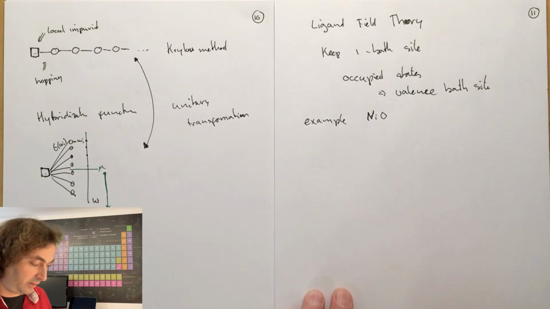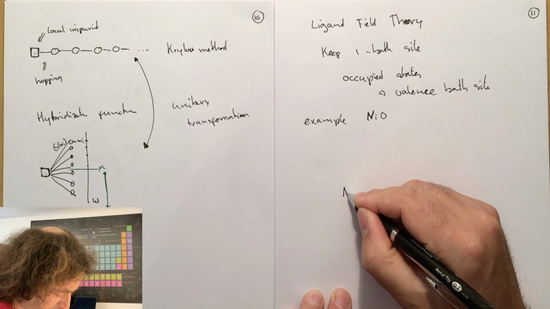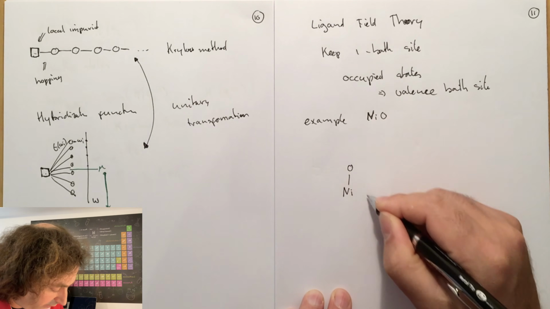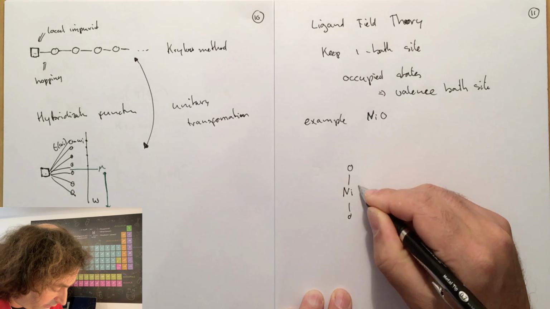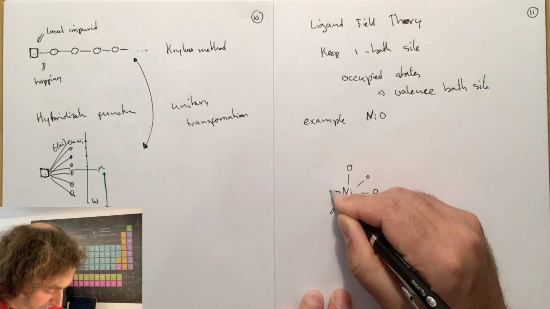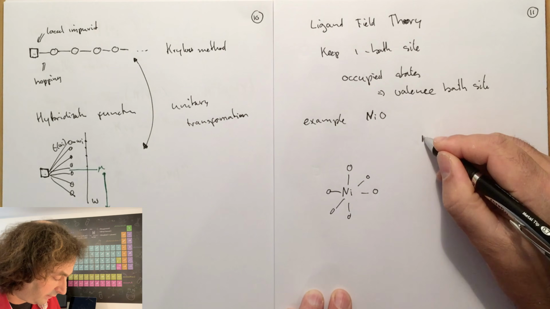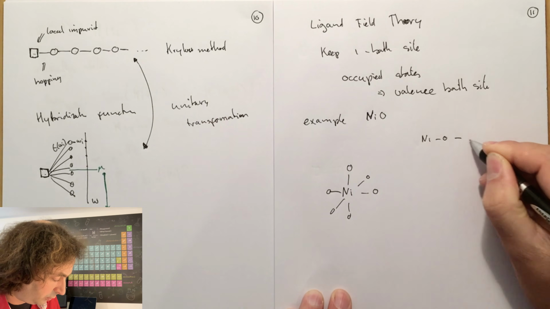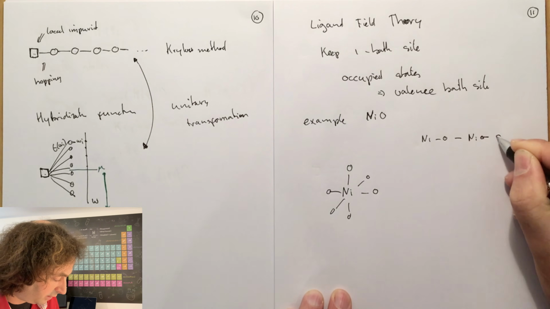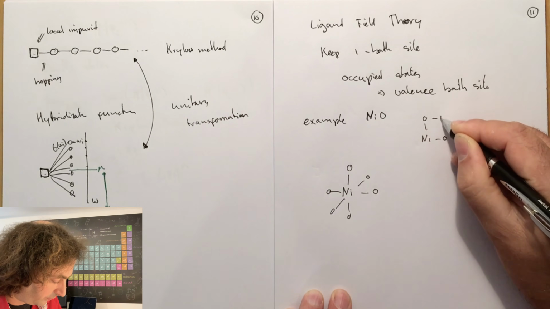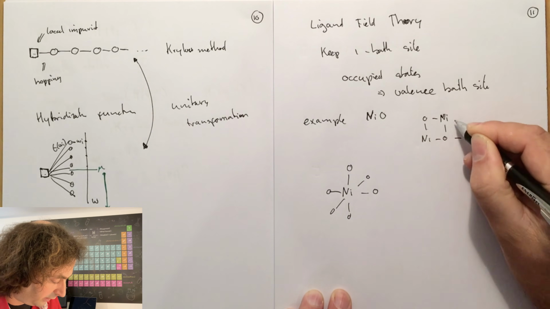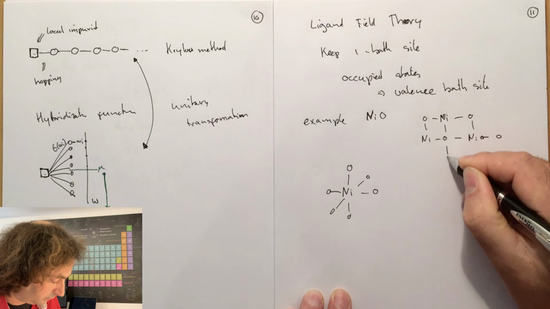For that we have locally a nickel atom, and that nickel atom is 6-fold coordinated by oxygen atoms, such that your lattice, if we just focus on a two-dimensional cut, is giving you a checkerboard order between nickel and oxygen atoms.